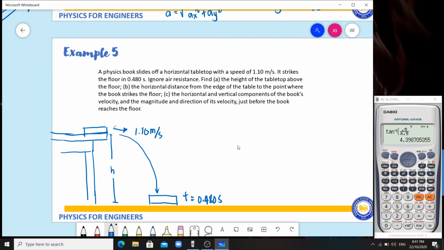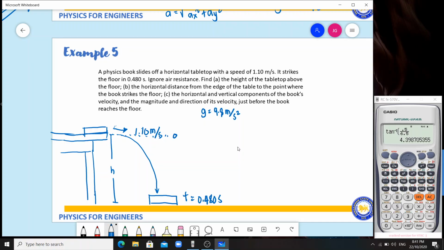So, let's set this at the top as the datum, which is 0. Ayan. So, dahil parang combination to ng projectile and free fall, ang acceleration natin ay equivalent sa 9.8 meters per second squared. Constant yan, okay?